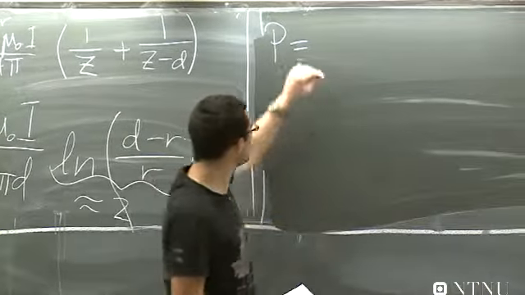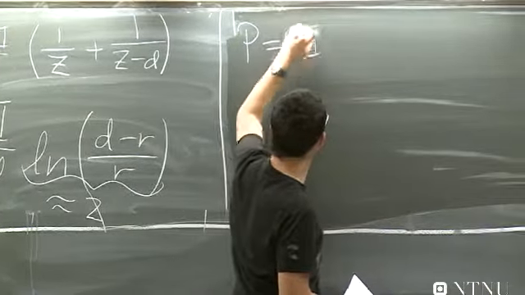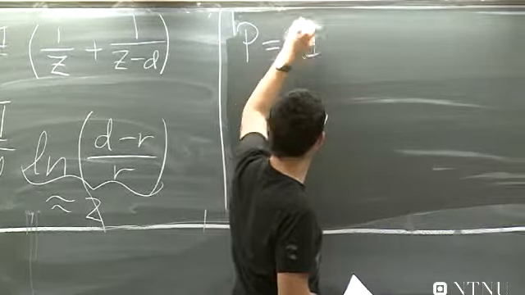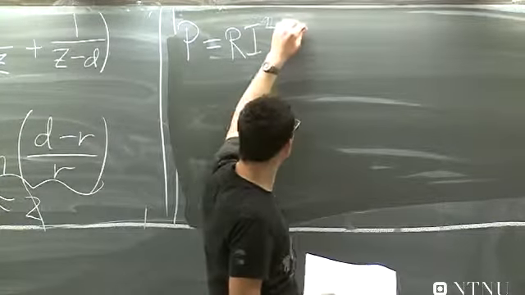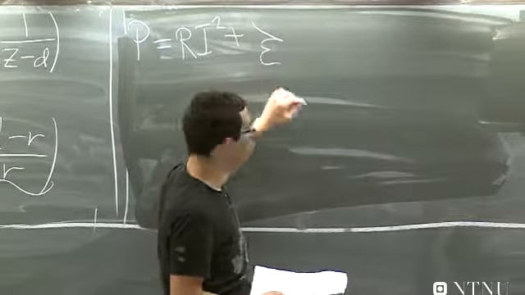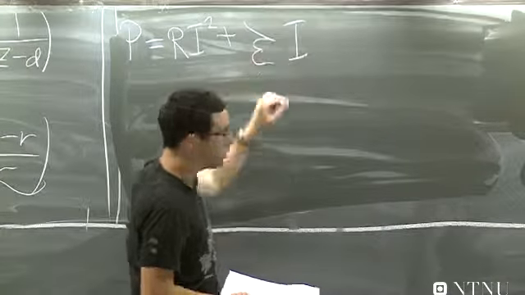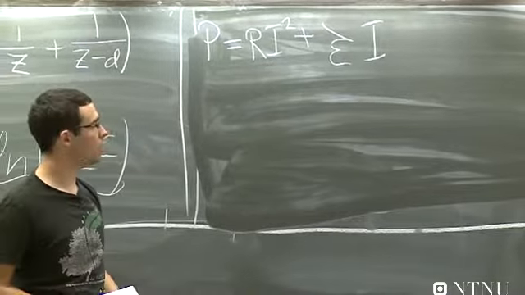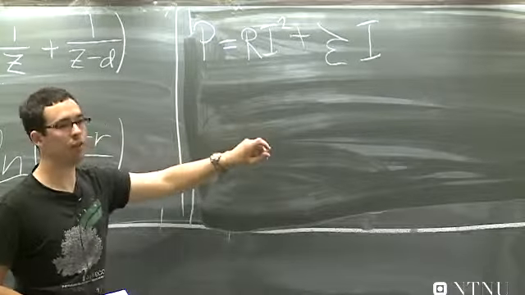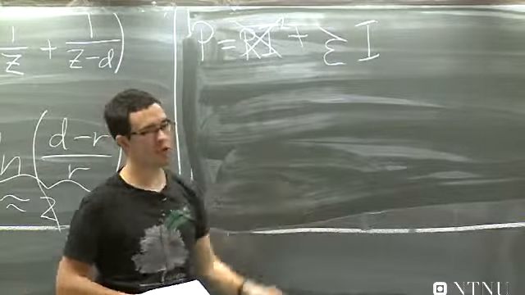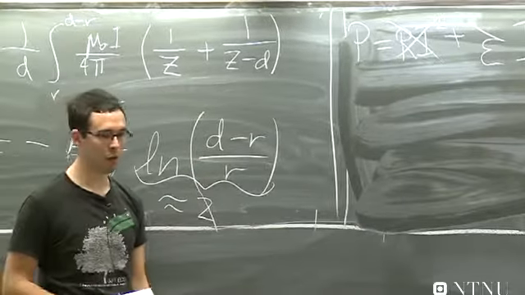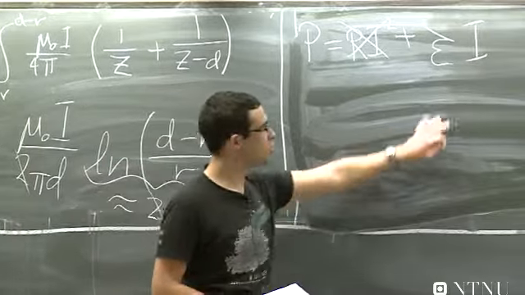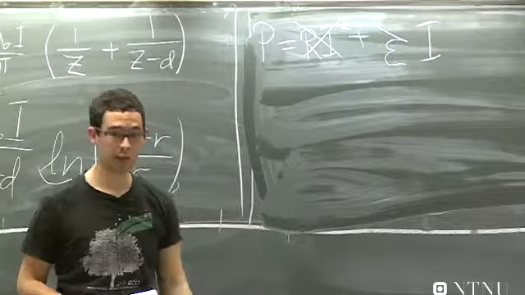The first is the ohmic loss, the resistance times the current squared. And then there's the electromotive force from the movement of this projectile. That's big epsilon times I. And now I'm going to neglect this term. I'm going to just say that I got a big, nice rail that conducts really well. Maybe a superconductor, who knows? And I'm just going to look at this term to see how good it can get in principle.